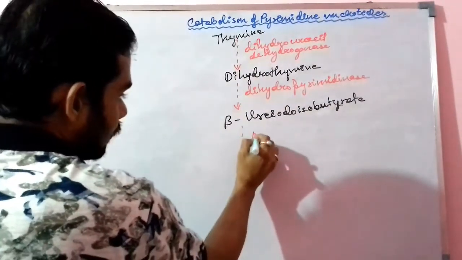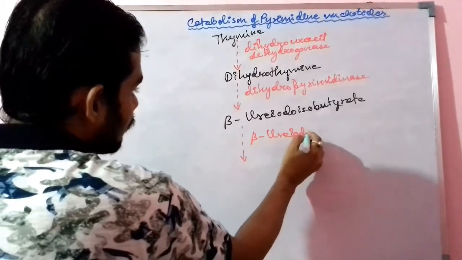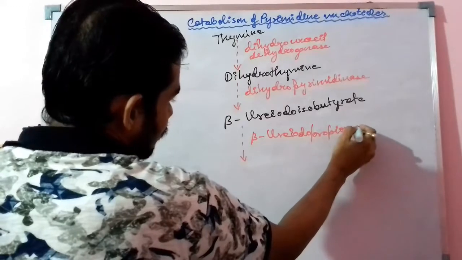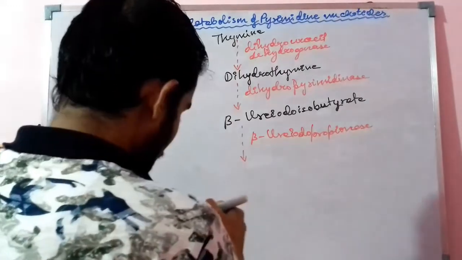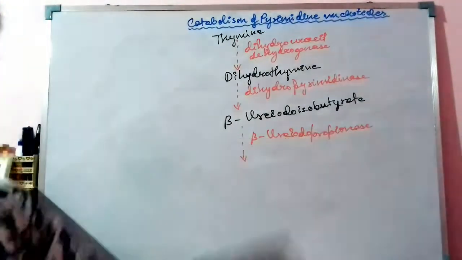Okay, now this beta ureidoisobutyrate, in the presence of the enzyme beta ureidopropionase, forms beta amino isobutyrate.